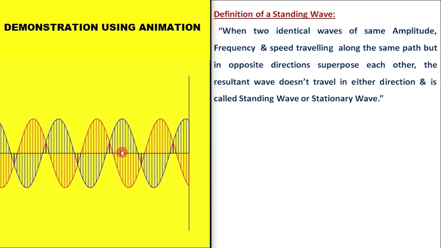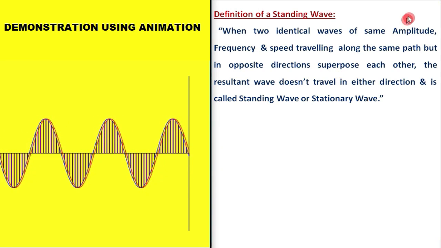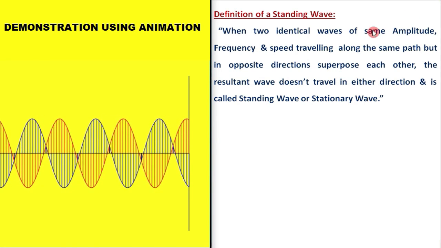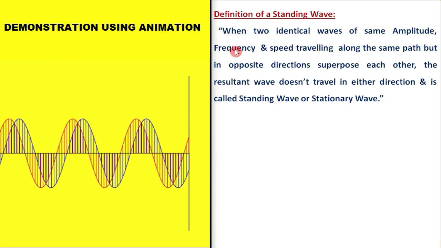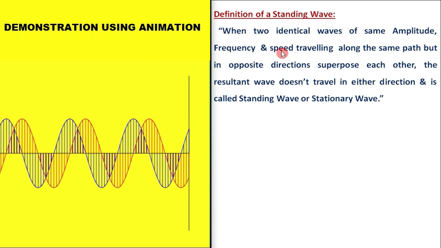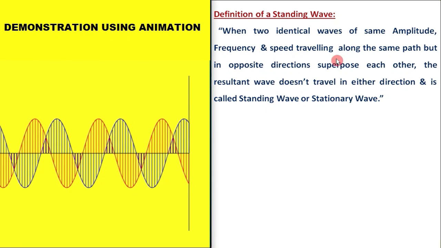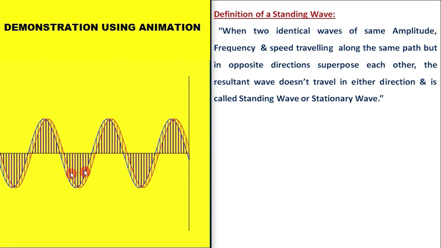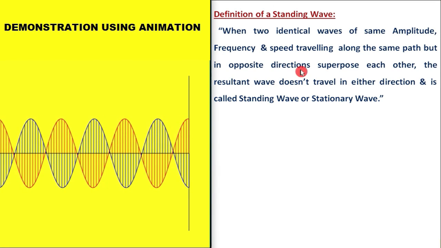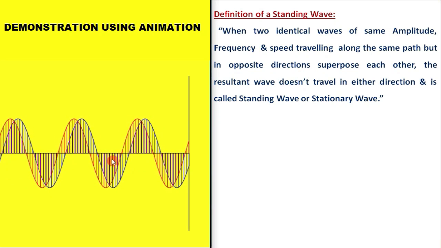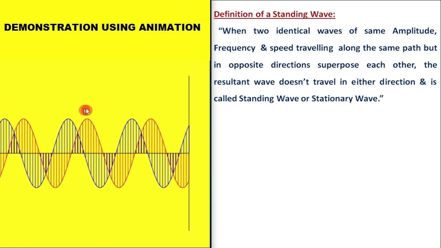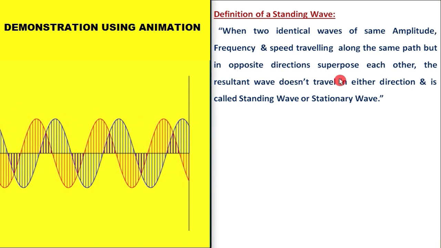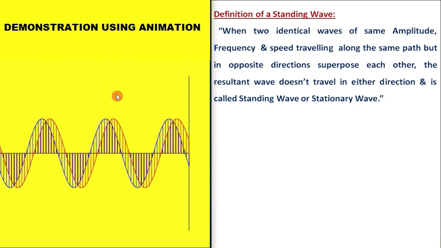The red wave and the blue wave, what property do they have? Same amplitude, same frequency and same speed, and they are also traveling along the same path. Okay, along the same axis, but the directions are opposite. The red wave, you can see it is traveling towards the positive x, and the blue wave is traveling towards the negative x.